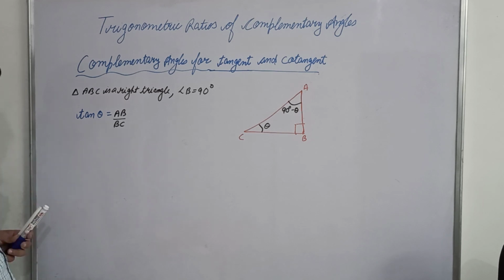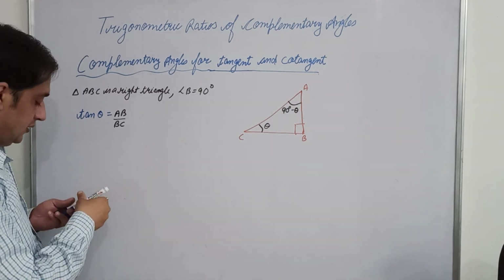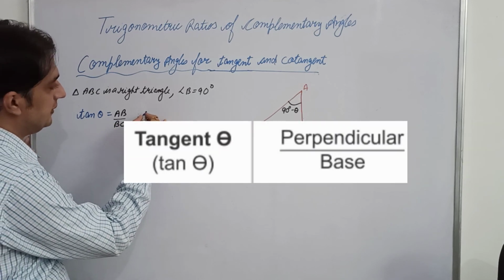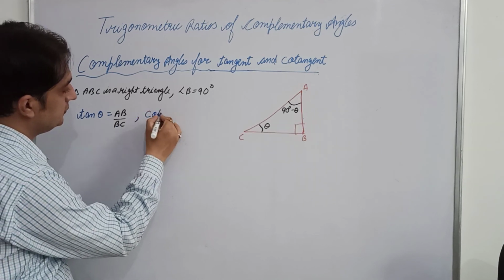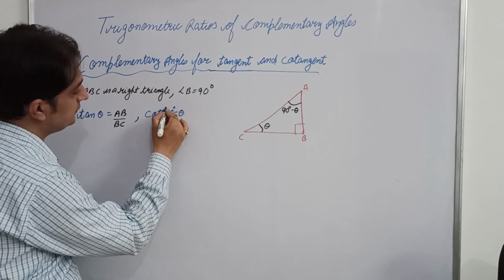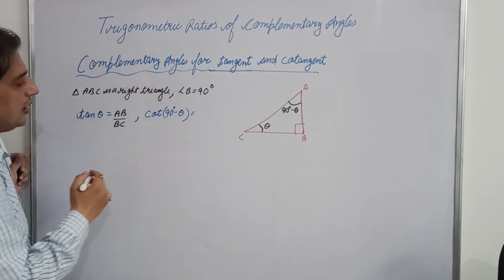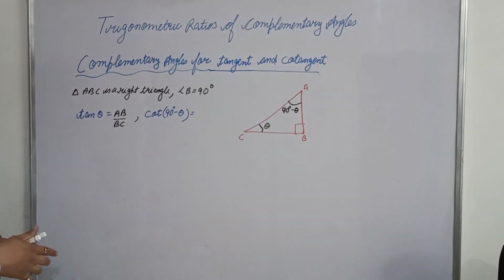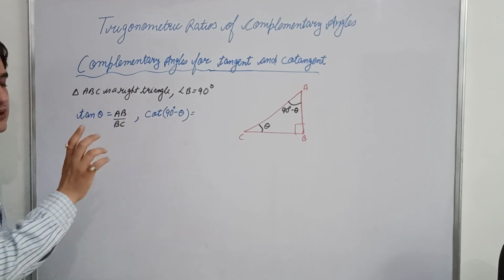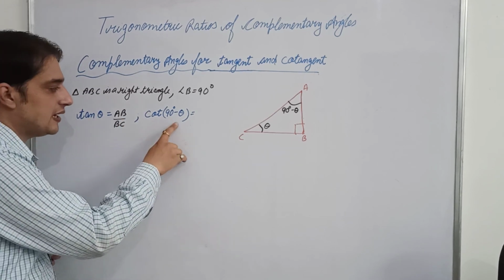of tangent theta. Now let's take cotangent of 90 minus theta. The T ratios are meaningful when they are associated with an angle.